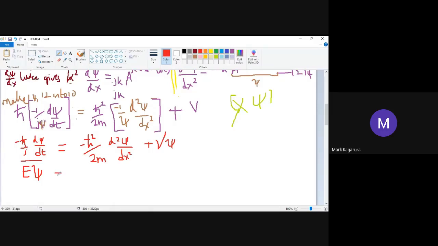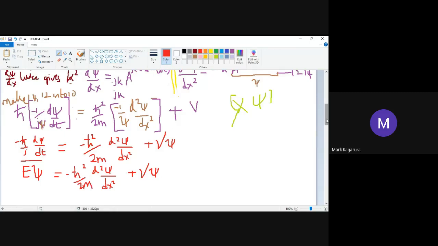So E psi is equal to, I'll just make an exception and write an extra step, negative h squared over 2m. Okay, we need to touch up on the m.